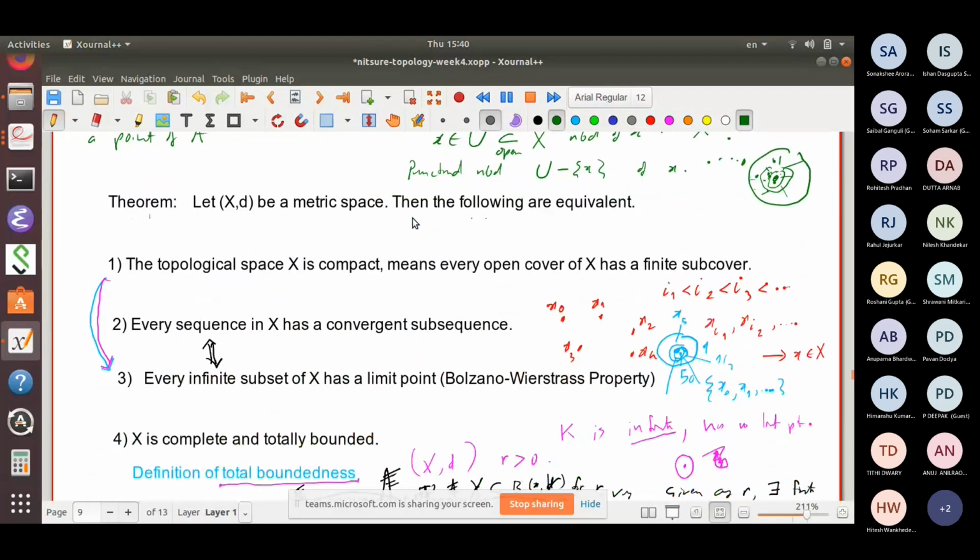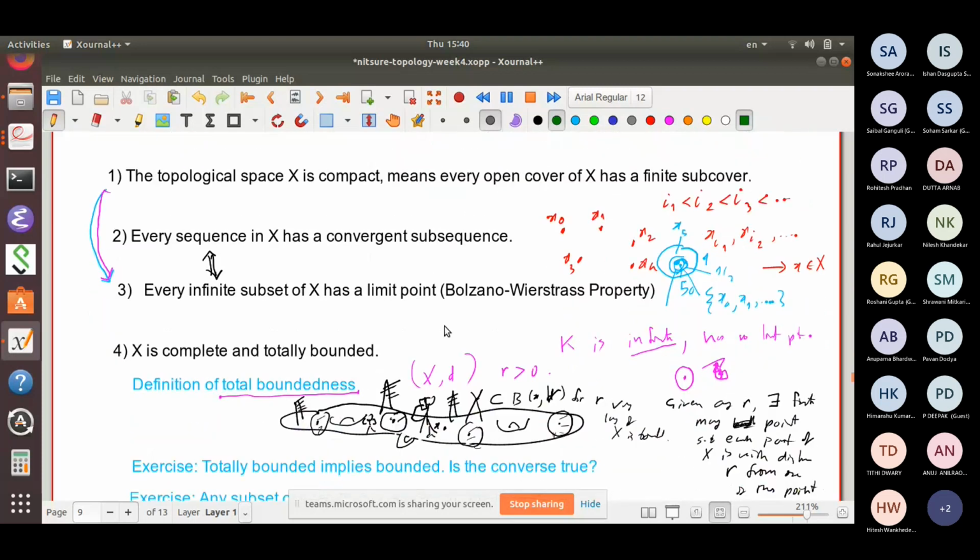So for a metric space, we said that the following are equivalent. That's why I talked about limit points. Every infinite subset of X has a limit point. This is equivalent to every sequence in X having a convergent subsequence. And then if every infinite subset of X has a limit point, then that means X is complete and totally bounded.